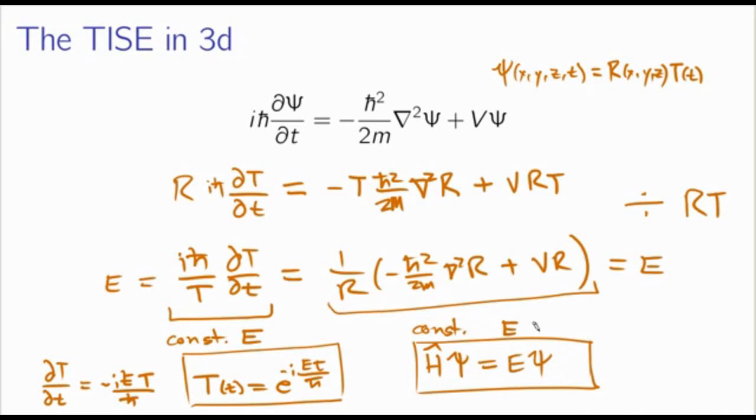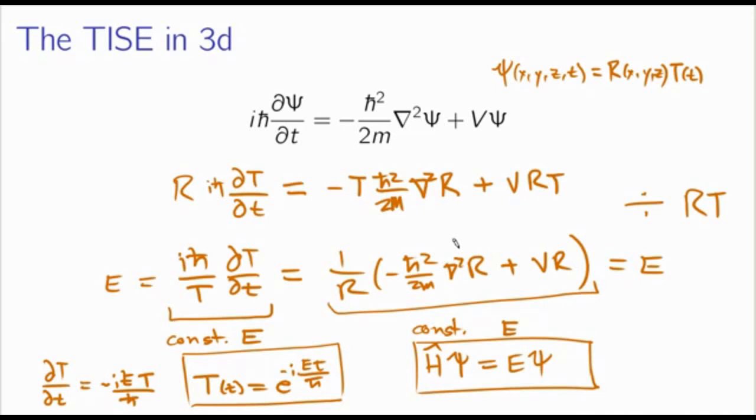We end up with the same sort of time-independent Schrodinger equation in 3 dimensions as we did in 1 dimension, except now we have to work with 3 dimensions, so instead of just having a derivative with respect to x here, we have derivatives with respect to x, y, and z. So this is really the same as we got before, only much more complicated.